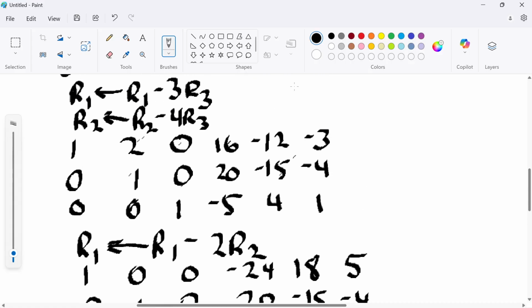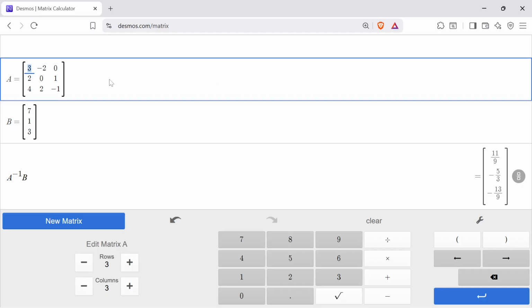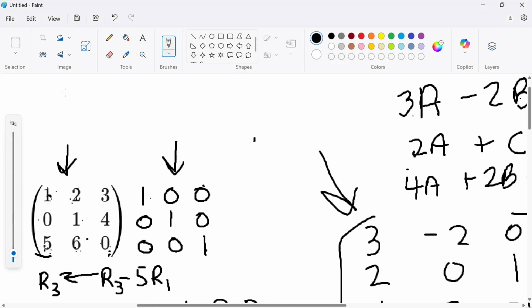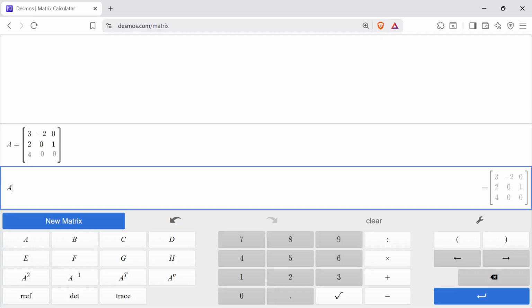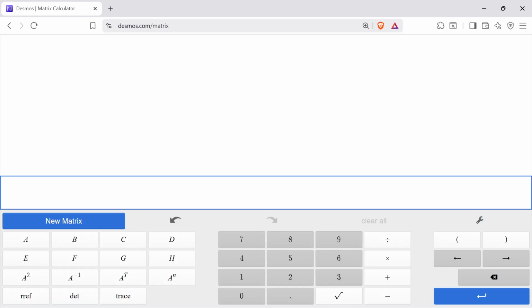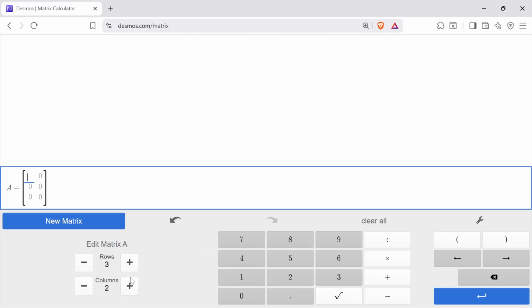And now, just to double check it, I'm going to take that original, that was a different one. I want to take that original matrix, I'm going to enter it into the matrix calculator here, and then I will find the inverse of it. Just to double check my work.